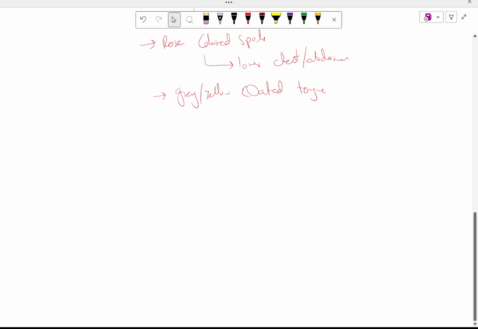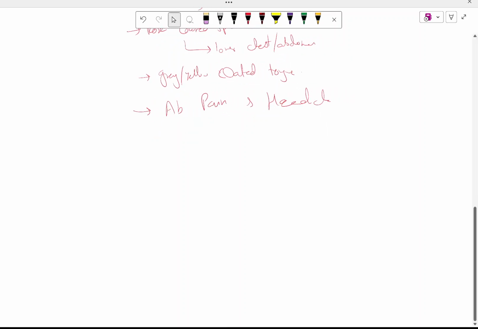The next non-specific finding is abdominal pain and headache. So you will ask about his abdominal history, whether any abdominal symptoms are present, and he will explain yellow, yellow green diarrhea.